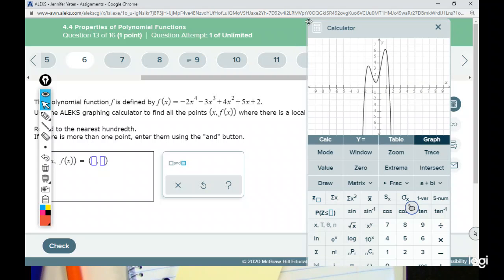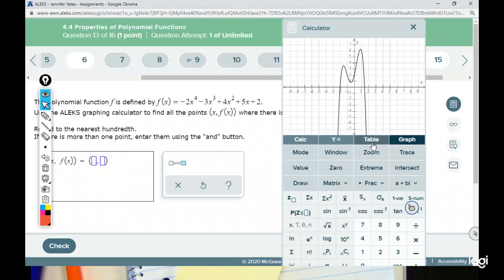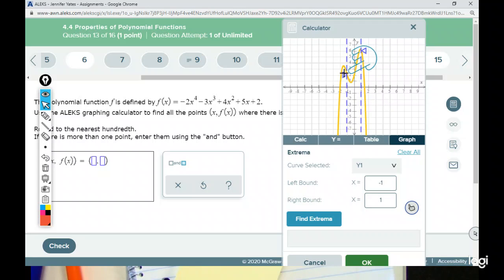Now I am looking for the minimums, which means I only have one, yes? Now on my calculator, it doesn't say minimum or maximum. Extrema is the plural for both of those. They're the extremes. They're the highs and they're the lows. So that's the button you will hit this time.